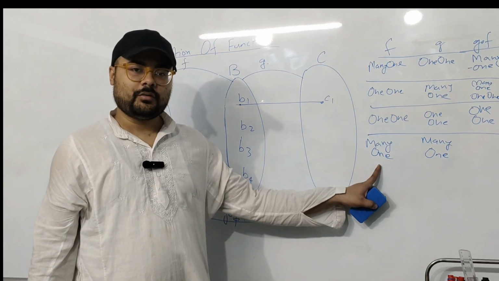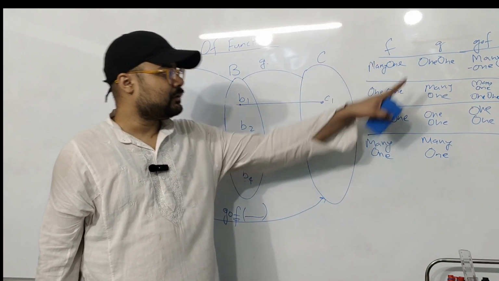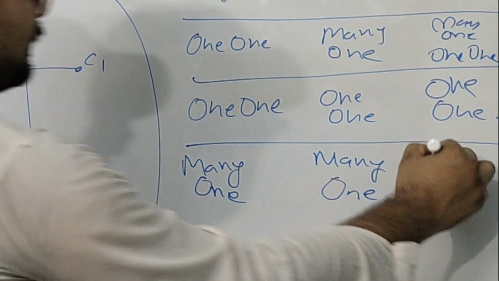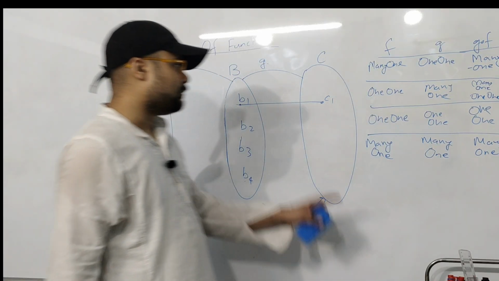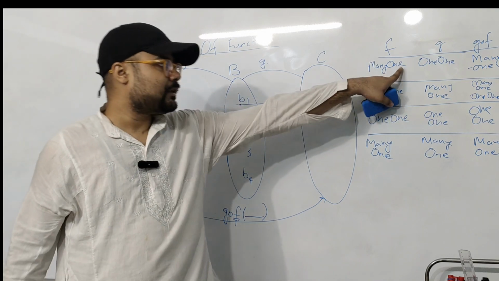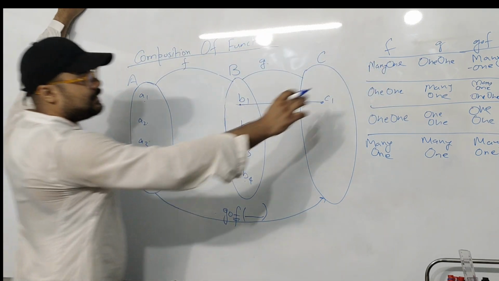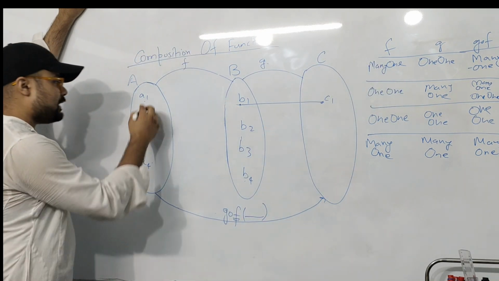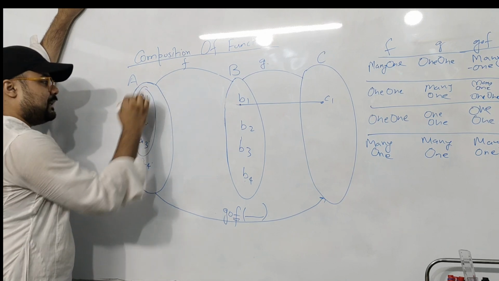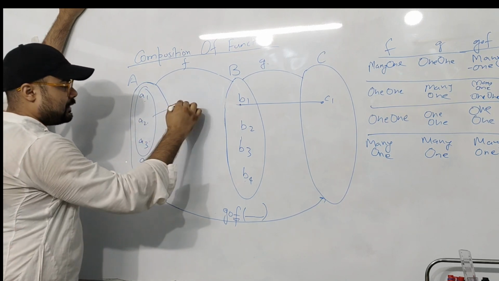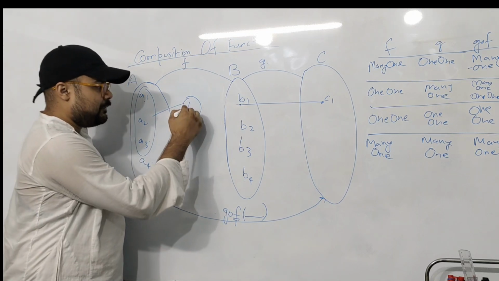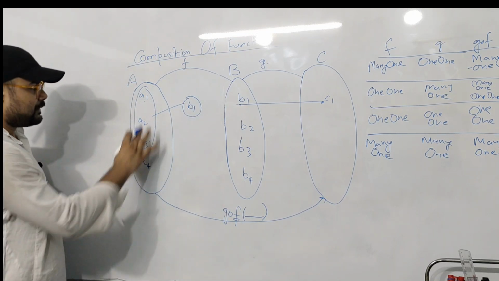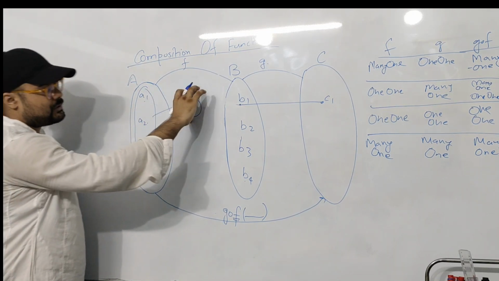Whenever f is many-one, g∘f will be many-one. The reasoning is very simple. If f is many-one, it means that a set of elements, let's say a1, a2, a3, are mapped to the same element b1.